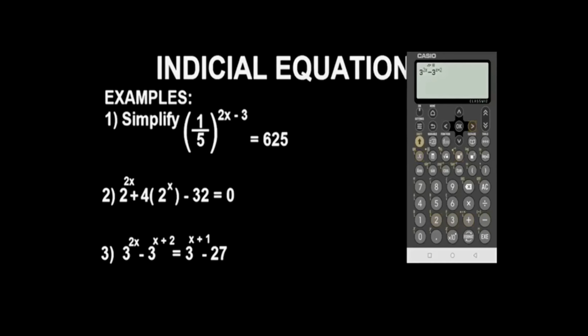Come down, equals, press shift and this button, 3 to the power x plus 1. You come down, minus 27. Yeah, so that's what we have there, guys.